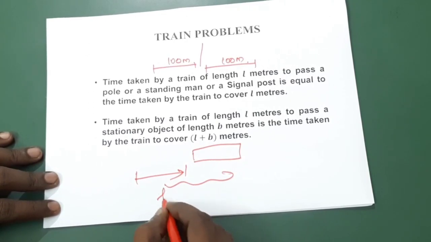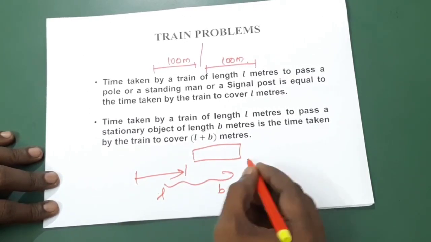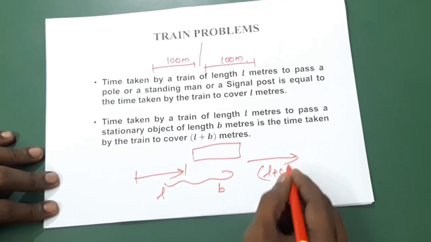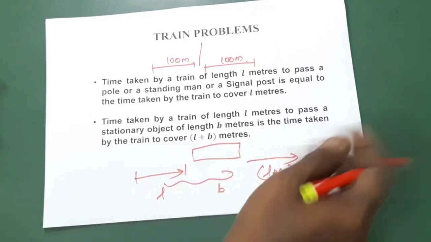For example, this is L and this is B. So L plus B is the distance covered by the train in crossing this platform.